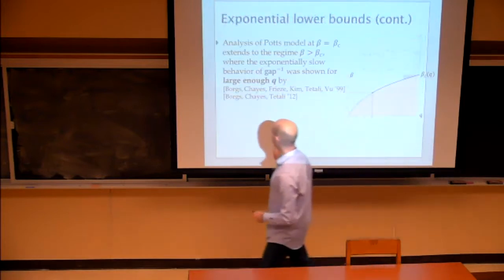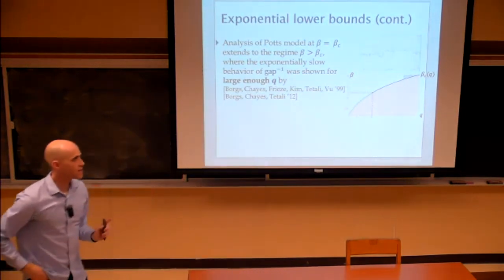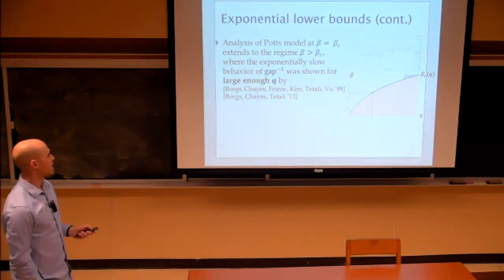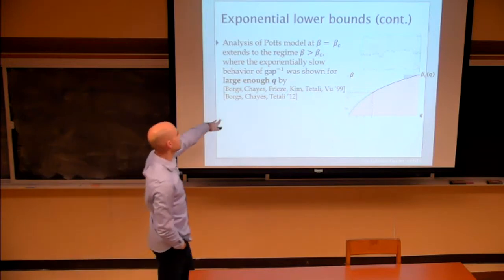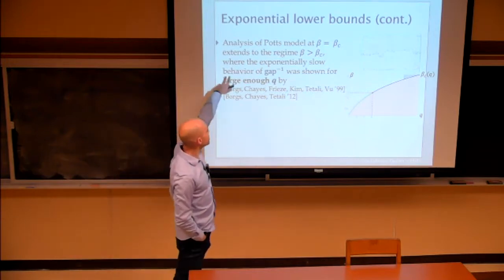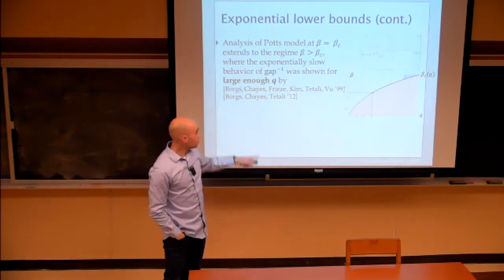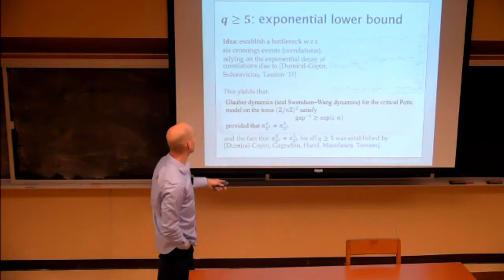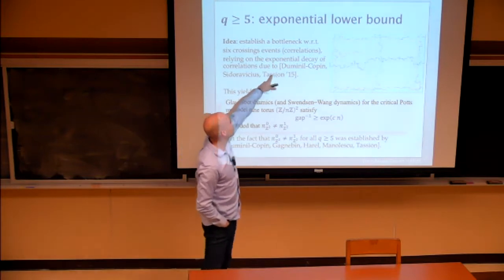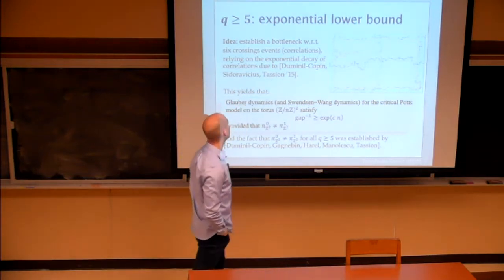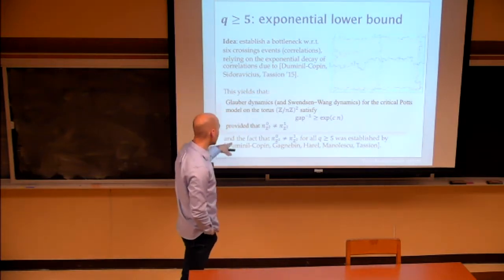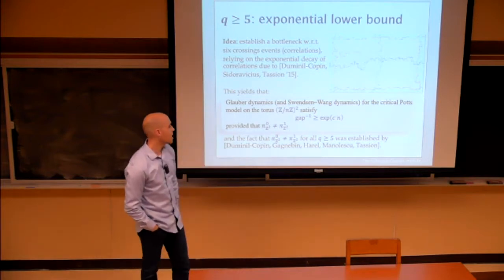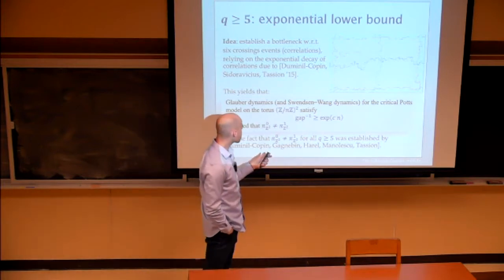Okay, I'll be happy to discuss this offline in case anyone is interested. But I should just say that this lower bound builds on two beautiful papers by Domenico Pazzo, Sidoravicius, and Tassion, and this recent paper by Domenico Pazzo et al.